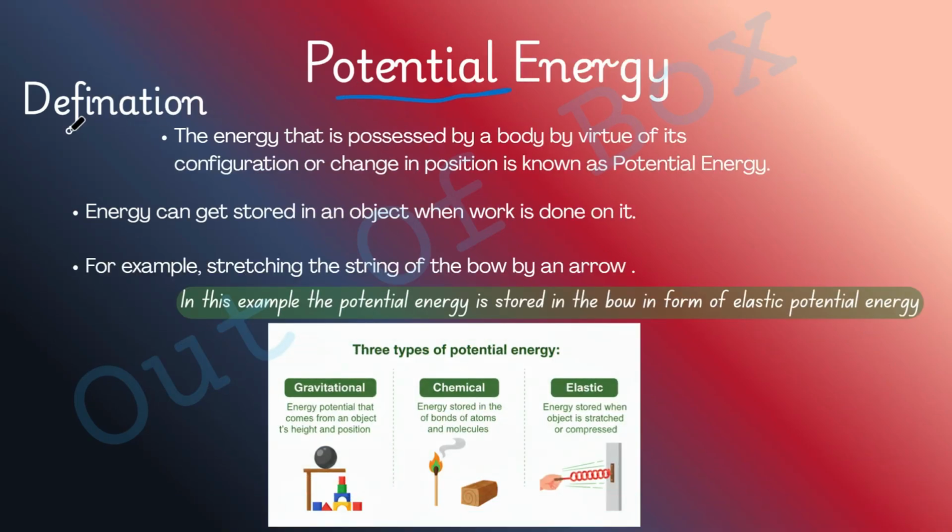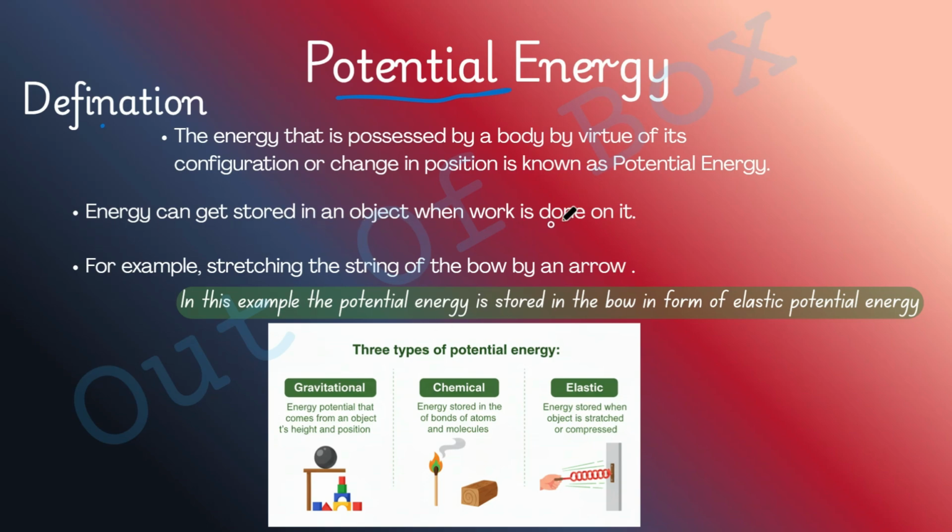Next we will study potential energy. The definition: the energy that is possessed by a body by virtue of its configuration or change in position is known as potential energy. In simple words, if the body is at rest and has come to rest by some change in position, then we can say that it has potential energy in it.